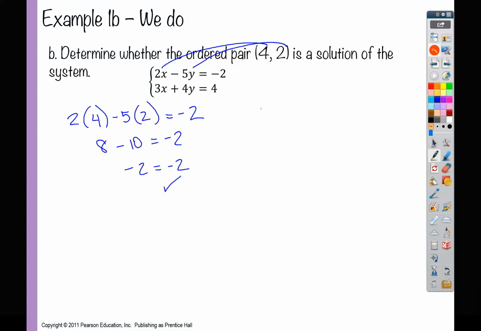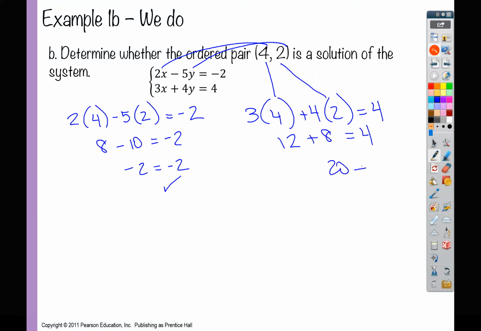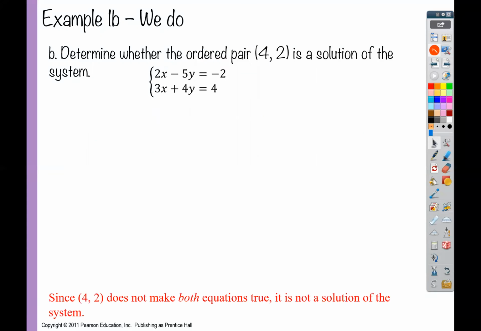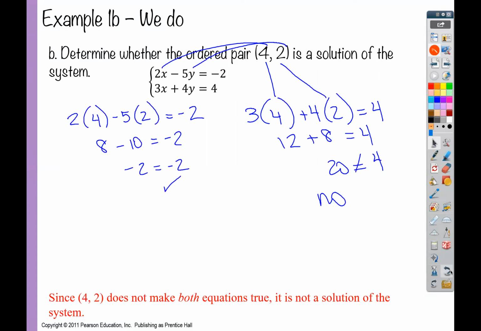Then I'm going to do the second equation. 3 times 4 plus 4 times 2 equals 4. I'm getting this from my x and my y. So 12 plus 8 is 20, not 4. So no, it is not a true statement. So it would not be a solution of the system because it doesn't make both equations true.